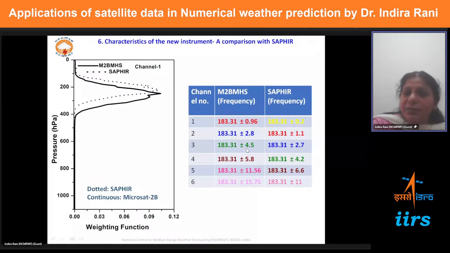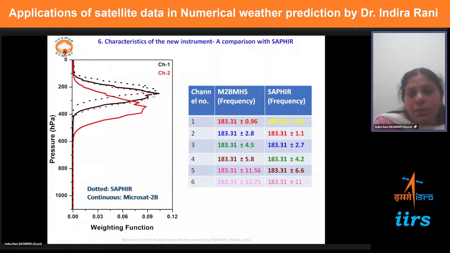Here you can see that even though all the channels are around 183.31 gigahertz, with plus or minus offsets, there is a slight difference in the channel frequencies between these two instruments. For channel 1, the Saphir channel is peaking slightly higher in the atmosphere compared to Microsat 2B. Similarly for channel 2, the Microsat 2B channel is peaking slightly lower in the atmosphere.